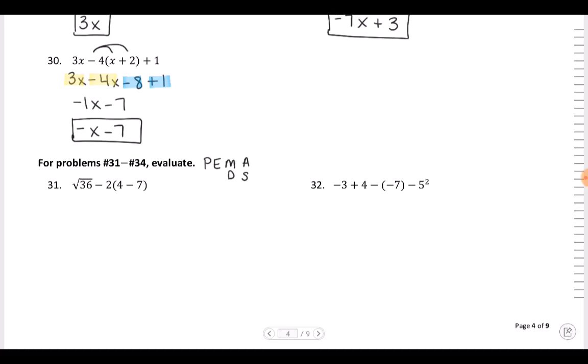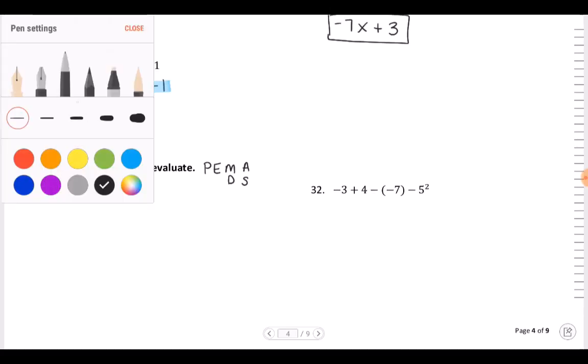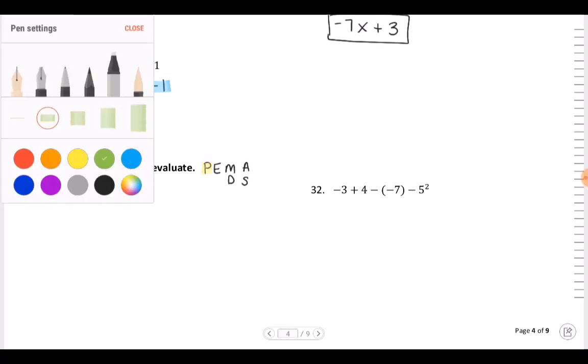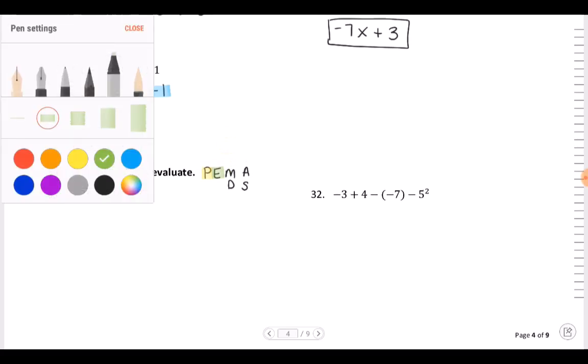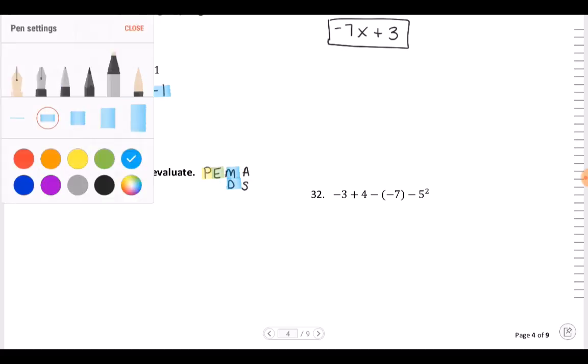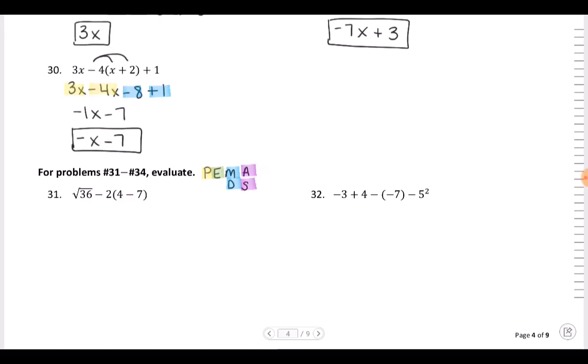You'll notice that the way I wrote it is a little bit different than maybe the way you normally see it. That's because I like to put my multiply and divide in the same step, and then my add and subtract in the same step. So it's really 4 steps.